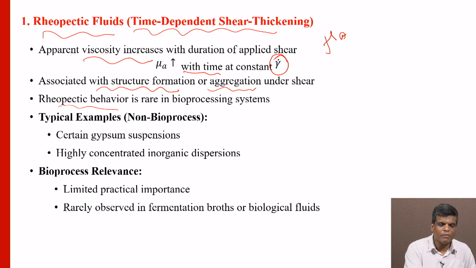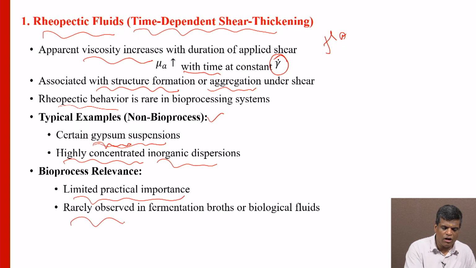A typical non-bioprocess example is gypsum suspensions, calcium sulfate, and highly concentrated inorganic dispersions. These are all non-bioprocess examples of rheopexy. They have limited practical importance in bioprocessing, as they are rarely observed in fermentation broths or biological fluids.